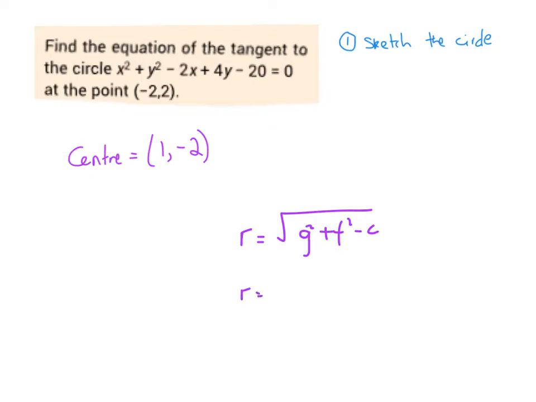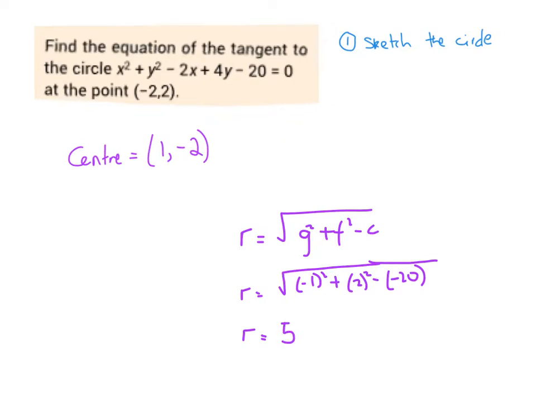So r is equal to the square root, and that's minus 1 squared plus 2 squared minus 20, and that's the square root of 25, which is 5.